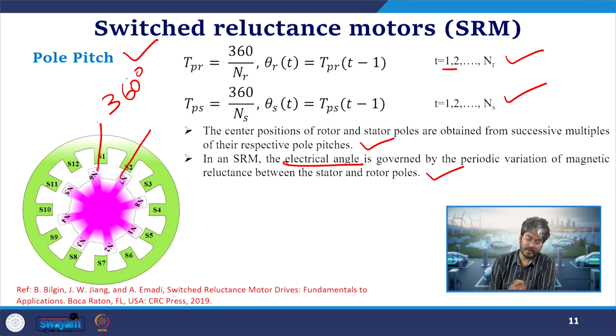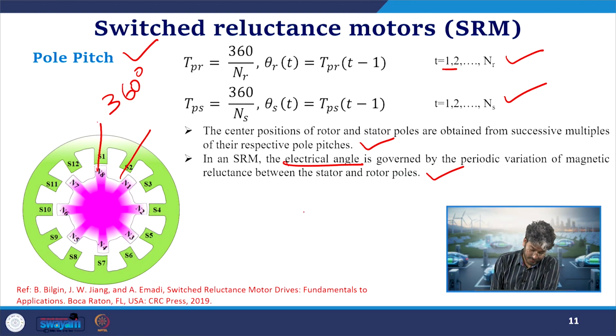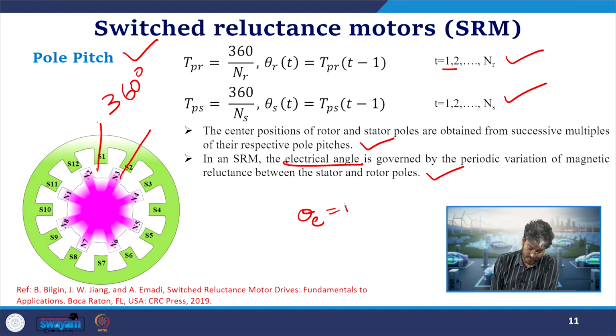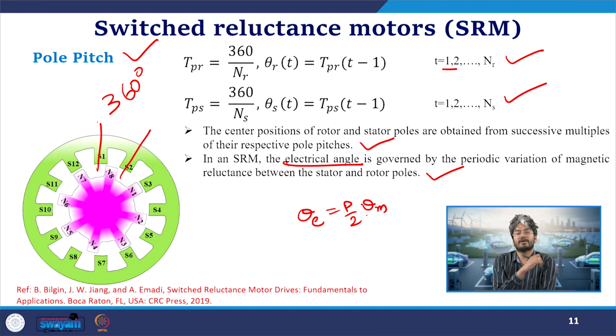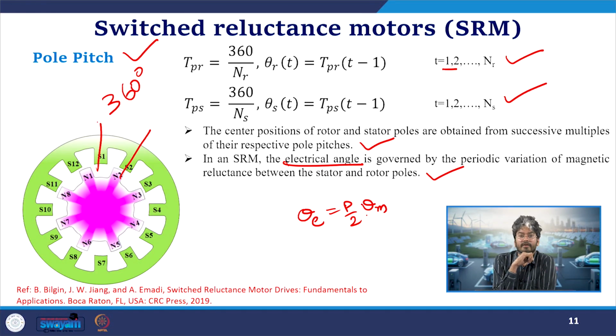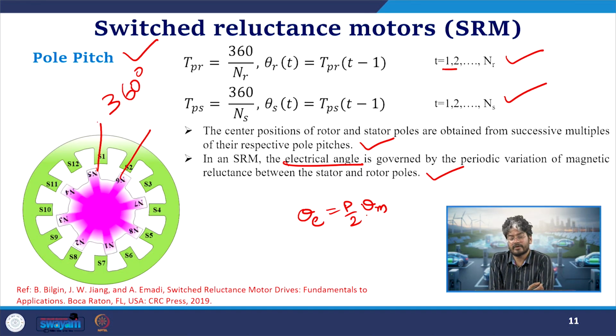How is it defined for normal machines? Our theta electrical will be P by 2 times theta mechanical. Based on the number of poles, I can have the corresponding electrical angle. If I have more than 2 poles, my theta electrical will be more than 360 degrees. What is the meaning of that? It will be completing more than one cycle.